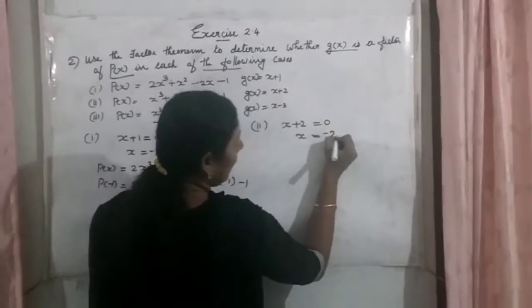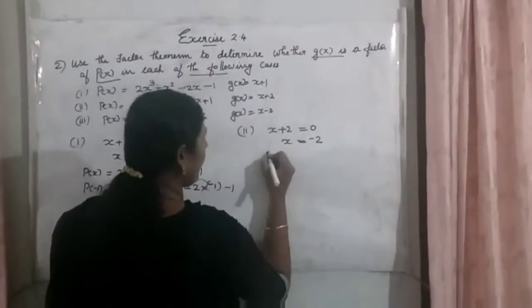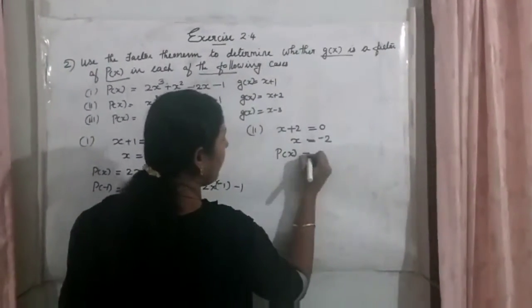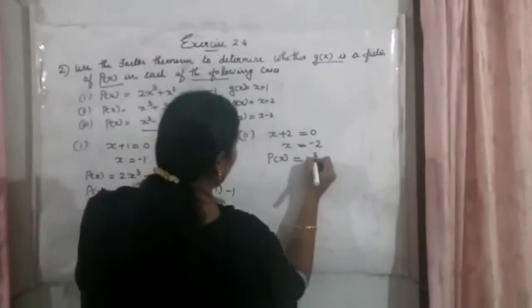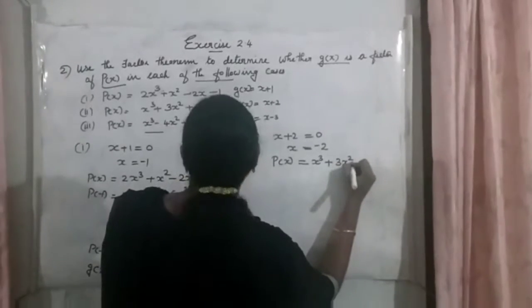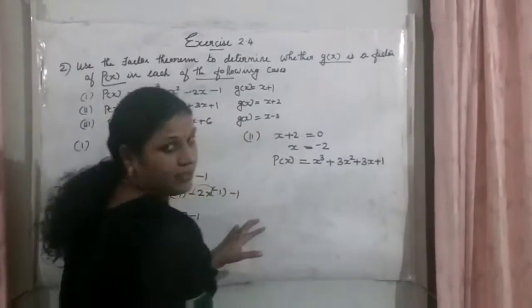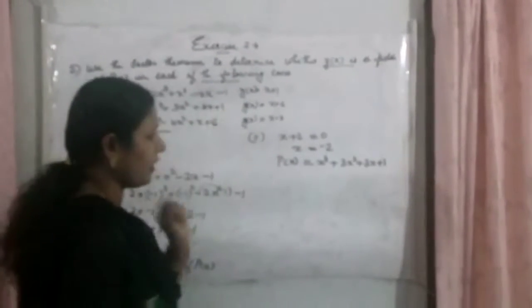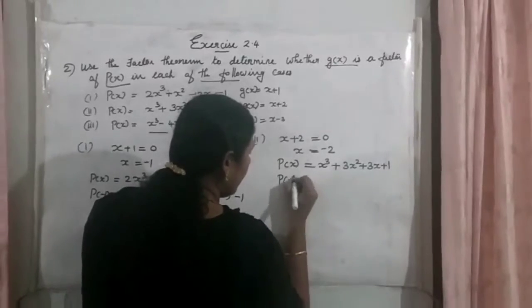Then we write the polynomial p of x. Here the polynomial is x cube plus 3x square plus 3x plus 1. Then we substitute this minus 2 here.